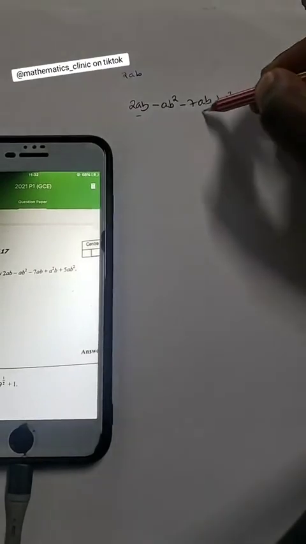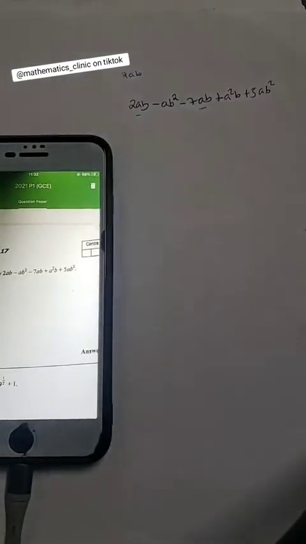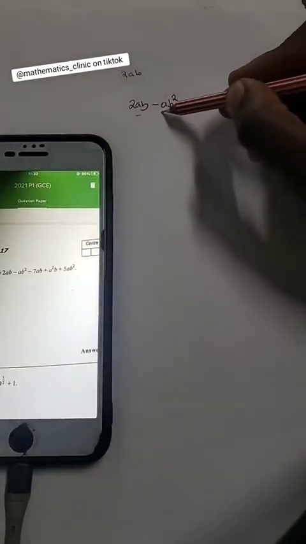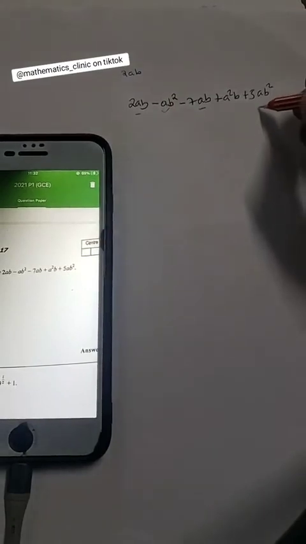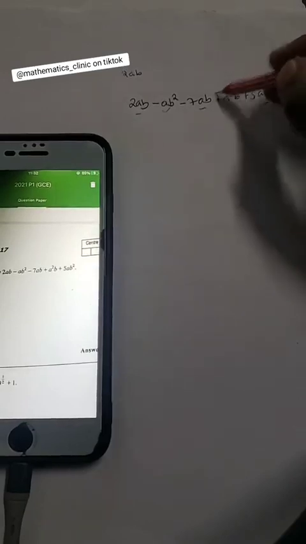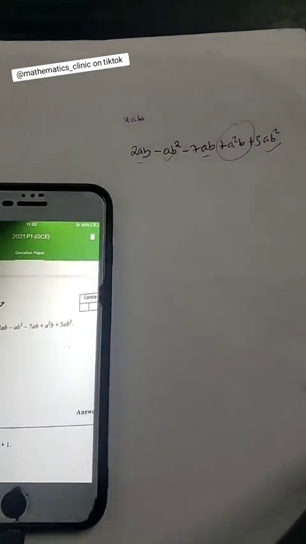Negative AB squared and 5AB squared are like terms. This one is just alone. Because it is alone and positive, we start with it when grouping the like terms.